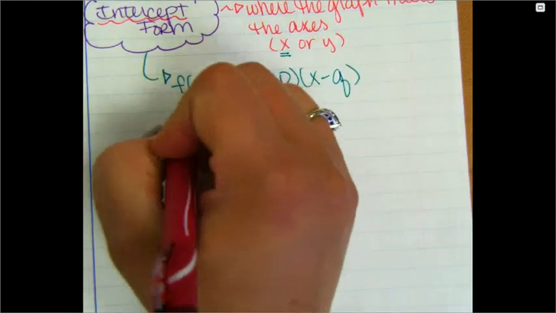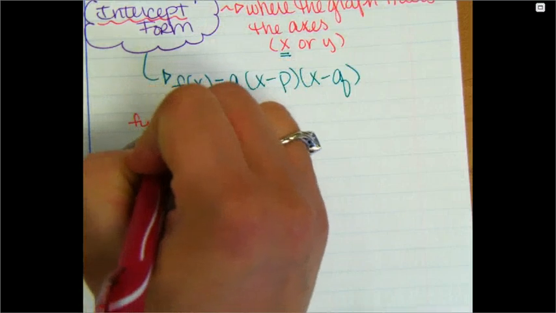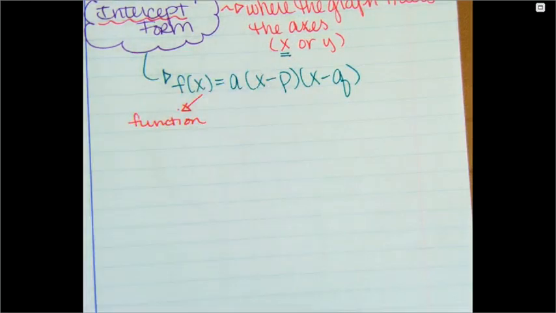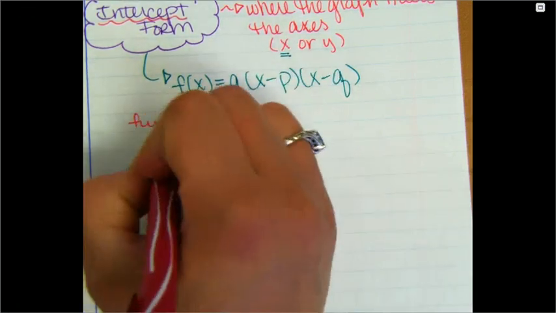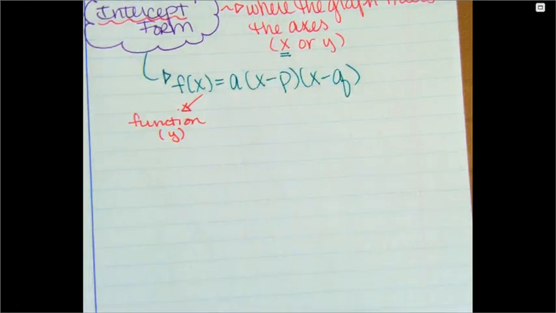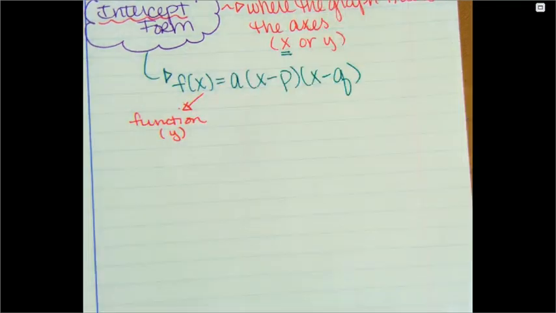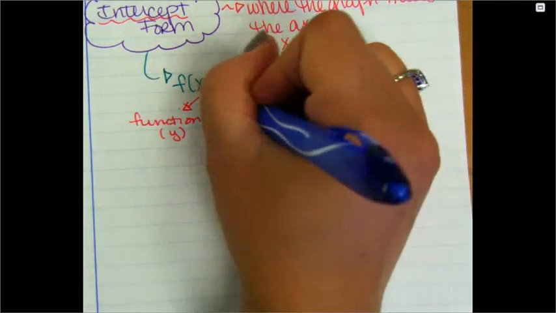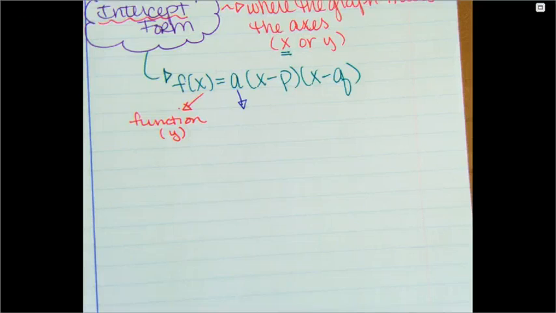F of x is just represented as your function. What variable does f of x represent? Your y. Very good. You learned something. A. You don't know this one.